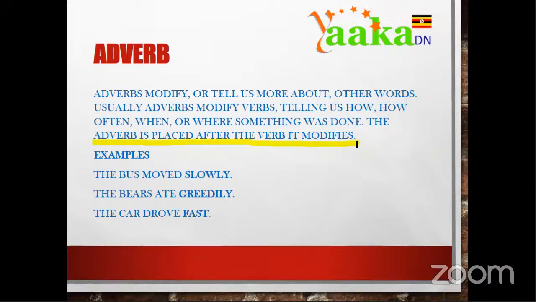So here the verb is move, and it shows how fast the noun, the bus, moved. How fast did it move? It moved slowly. It can move faster, or it can also move slowly. In that case, this adverb slowly modifies the verb move, and it shows how the action of moving was done. So here it was done slowly.